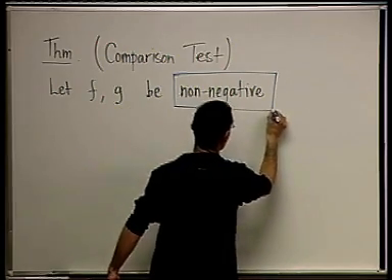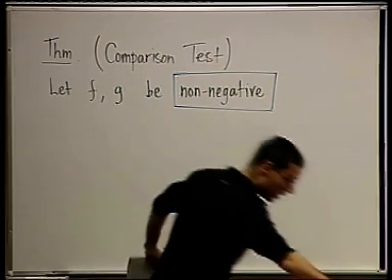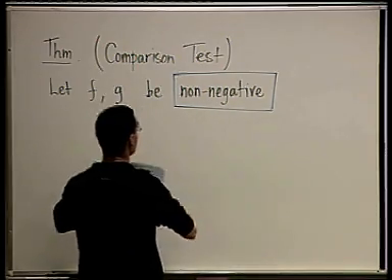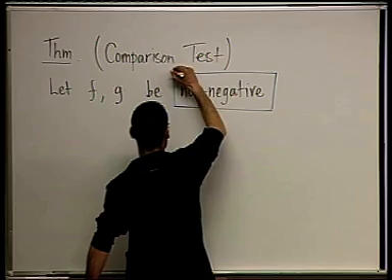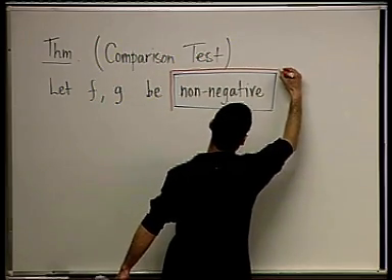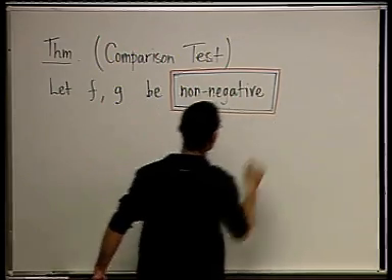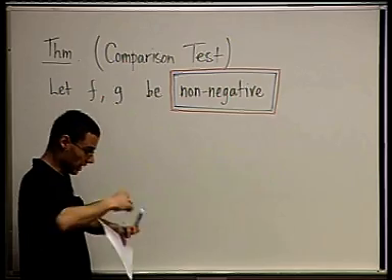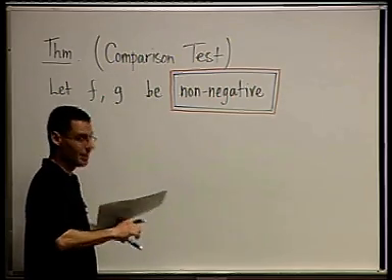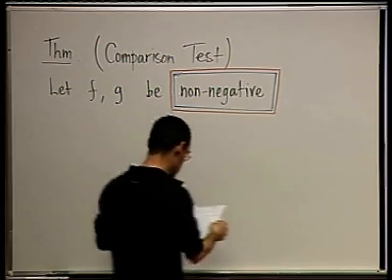This is one of them: using this test for not necessarily non-negative functions. So they have to be non-negative. Let me emphasize it even more. Tell me when you think it's emphasized enough. You think it's emphasized enough? No? Nice. Okay. So, non-negative.